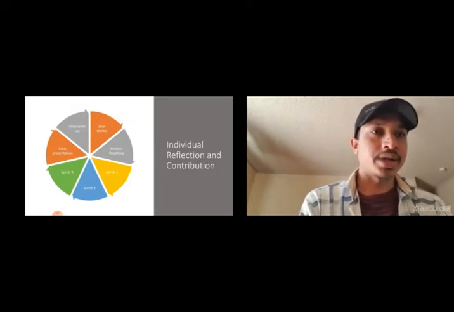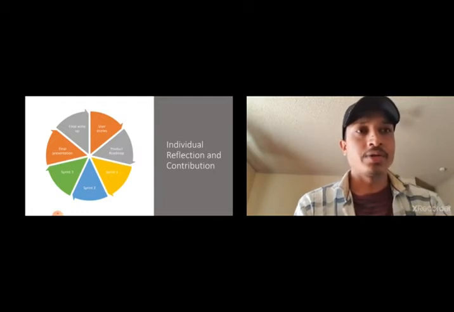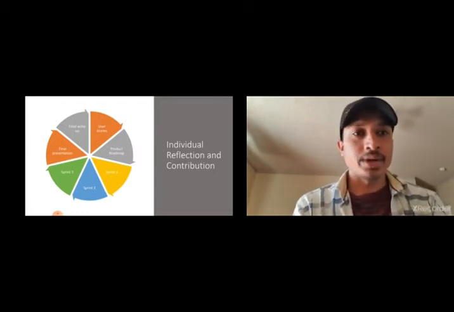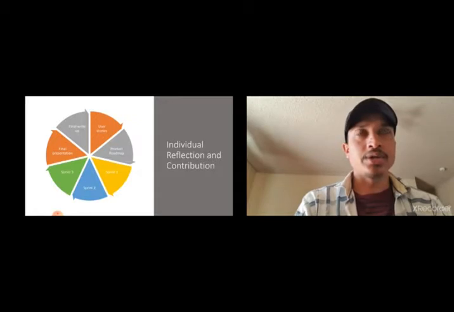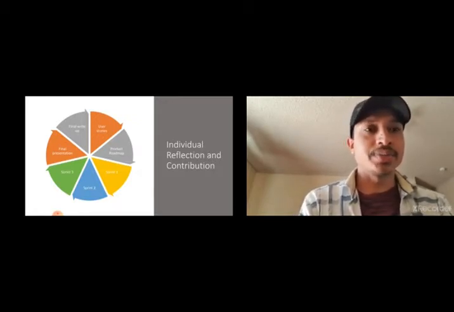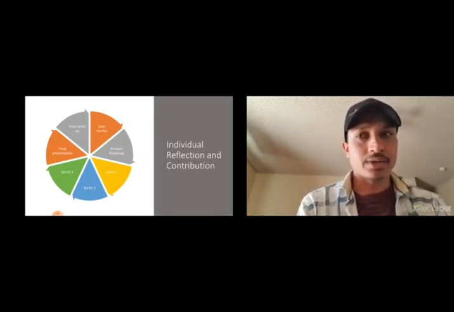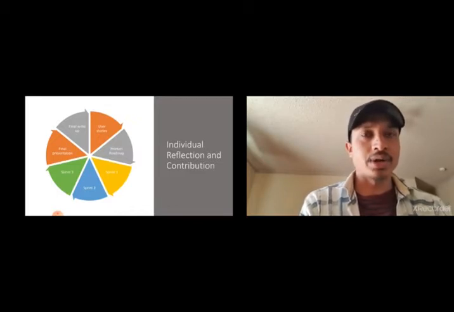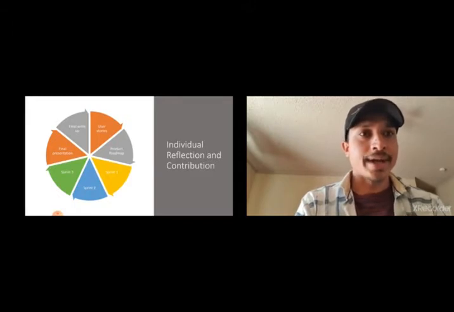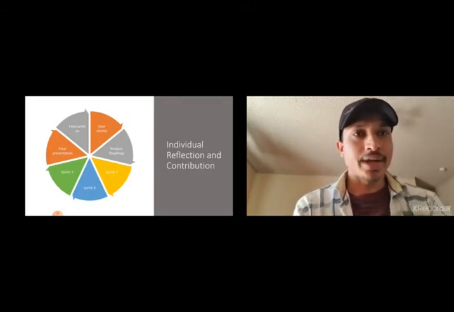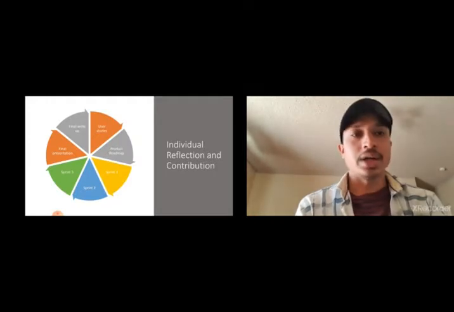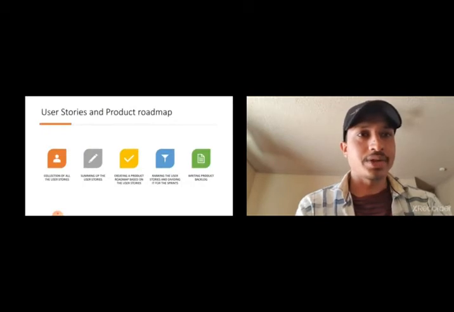Then we made the product roadmap, where we made the user stories and the product backlogs. Then we divided our tasks into sprints, sprint 1, sprint 2, and sprint 3. In sprint 1 we did some of the user stories, in sprint 2 some other user stories, and in sprint 3 the remaining user stories. After that came the final presentation, and at the end of the project, the final write-up.